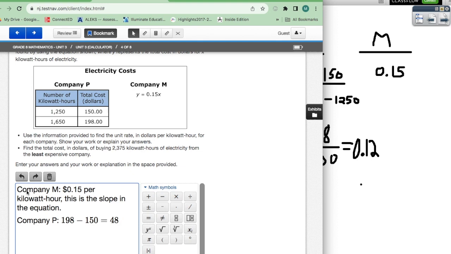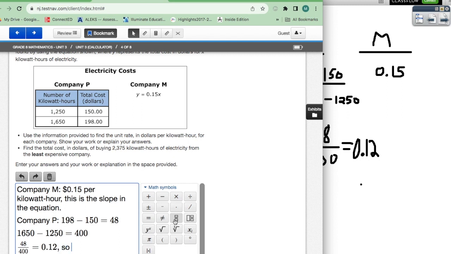We also did, or let's write this as a, and we'll write that as a fraction at the end. Then we did 1,650 minus 1,250, and we got 400. Okay, I'm going to use this fraction button here. So we got 48 over 400, and that was 0.12.